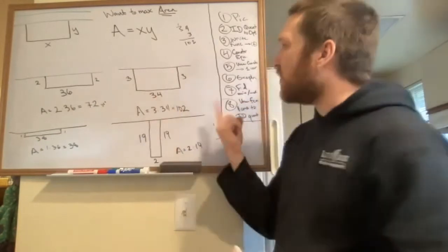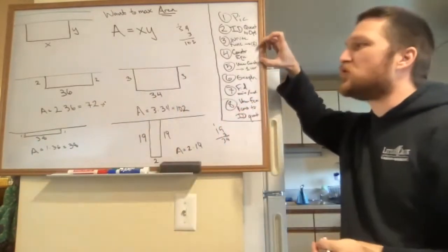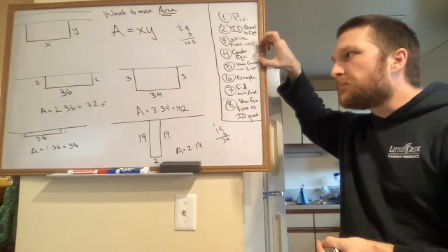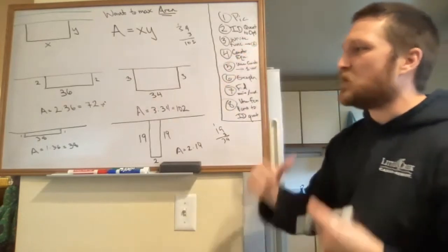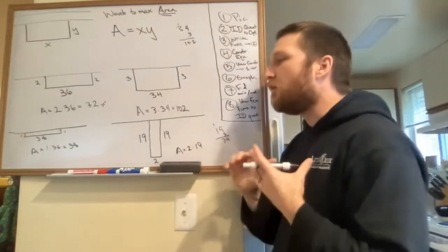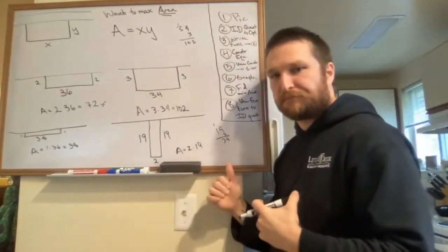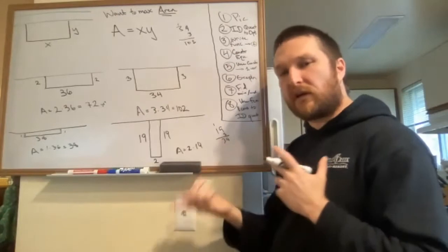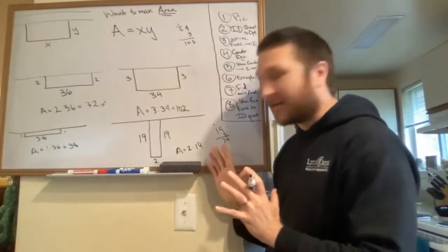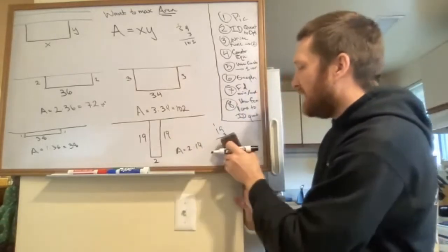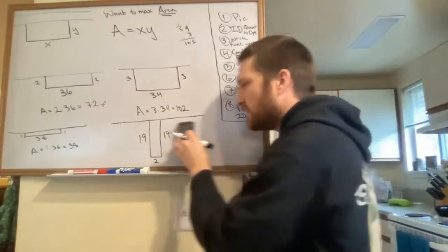These things are determined, they are constrained, right? One variable is constrained by the other by the fact that you only have 40 yards to work with. And that's what we're going to use right here. And to put this mathematically, let's think about it this way. So I'm going to get rid of this.